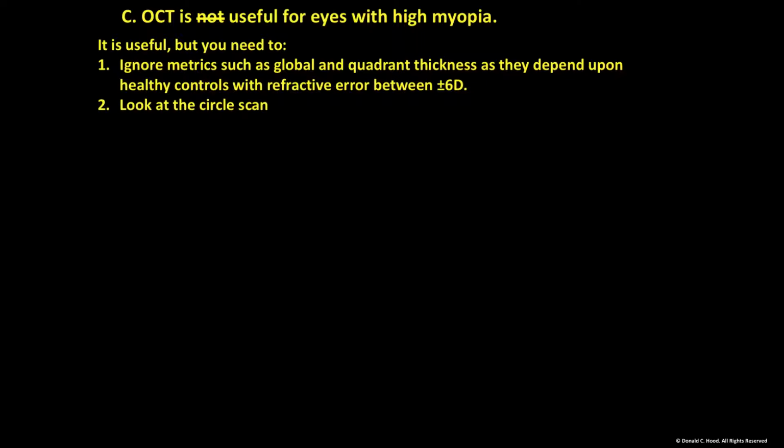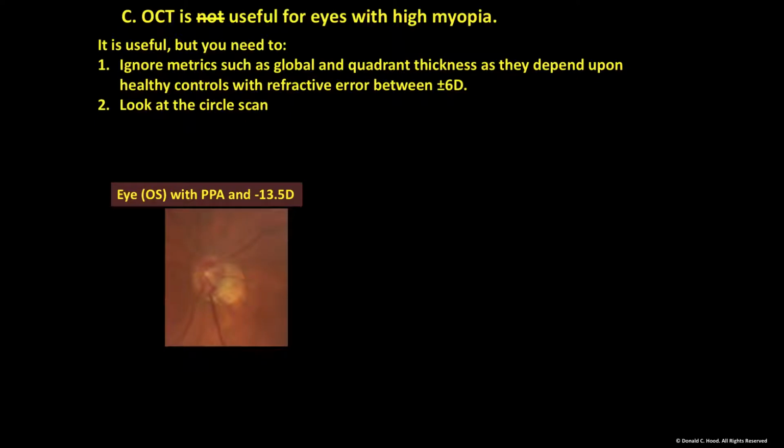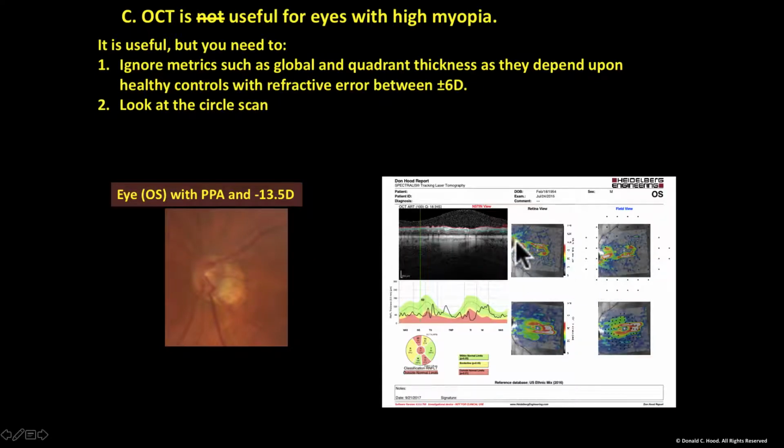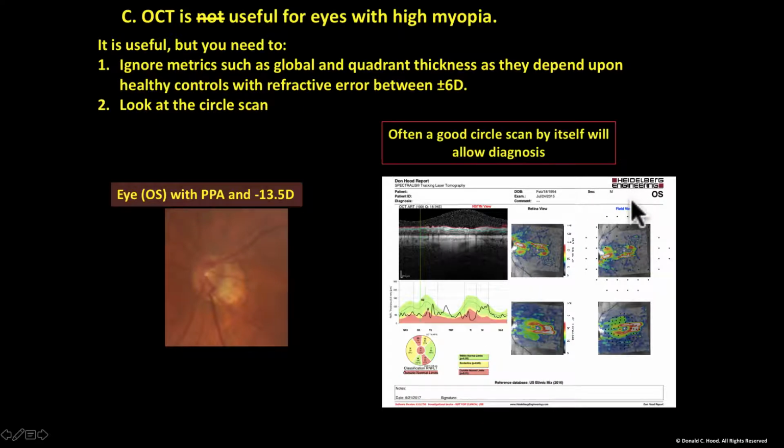And you want to look at the circle scan. So here's an eye with peripapillary atrophy, minus 13.5 diopters. Here's our version of the Heidelberg report. And again, I want to make the point that a good circle scan by itself will allow diagnosis.